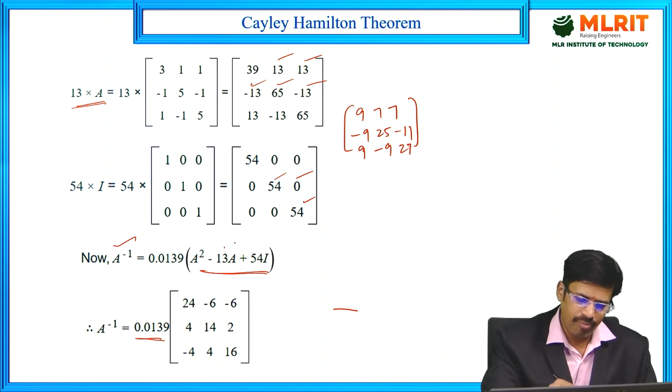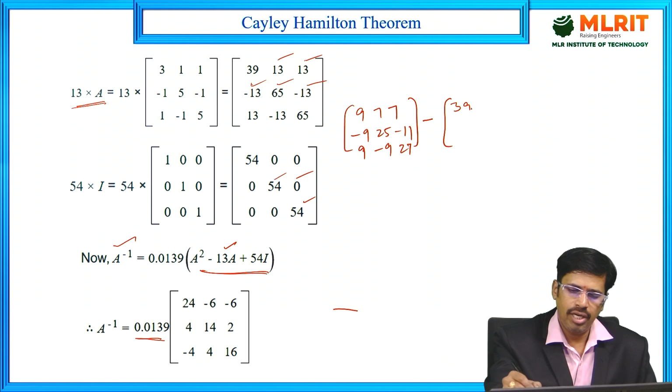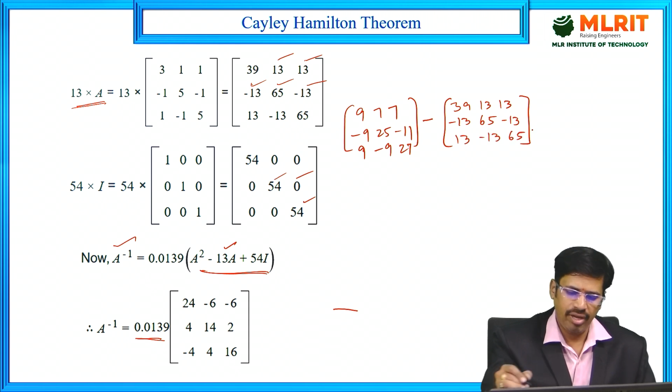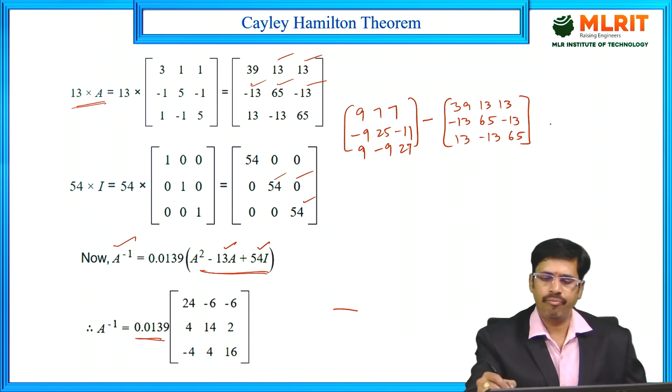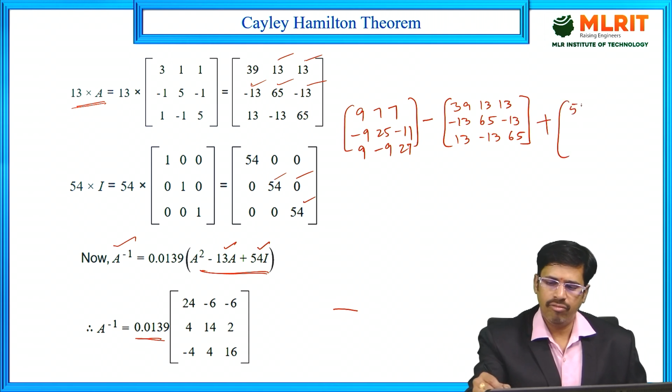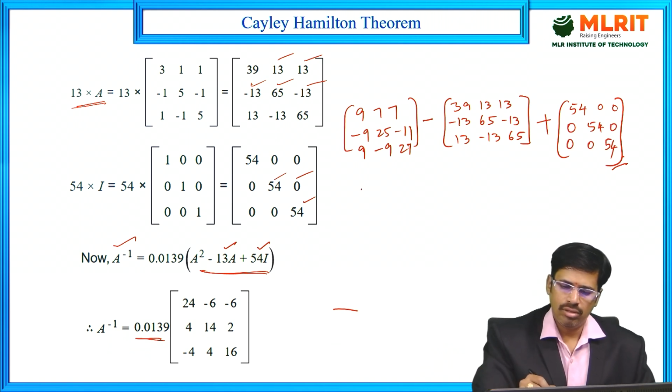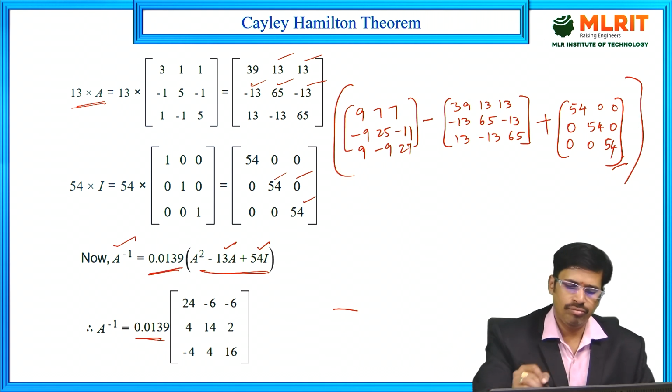This is A square minus 13A, that is, minus [39 13 13; -13 65 -13; 13 -13 65], plus 54I, that is, plus [54 0 0; 0 54 0; 0 0 54], and the total you multiply with this value.